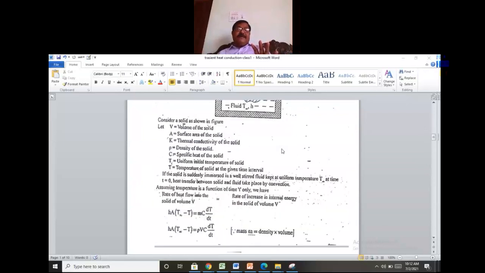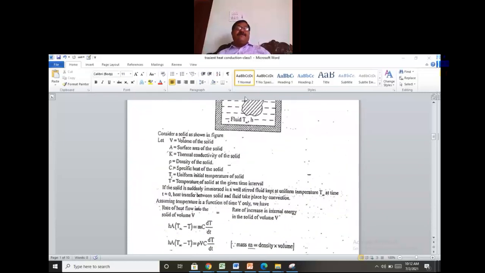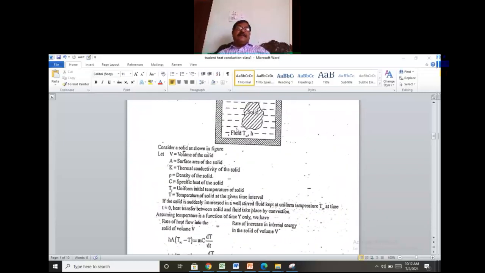For this derivation, the rate of heat flow, as I said, occurs due to the convective mode of heat transfer from the fluid of temperature T infinity, having convective heat transfer coefficient h.